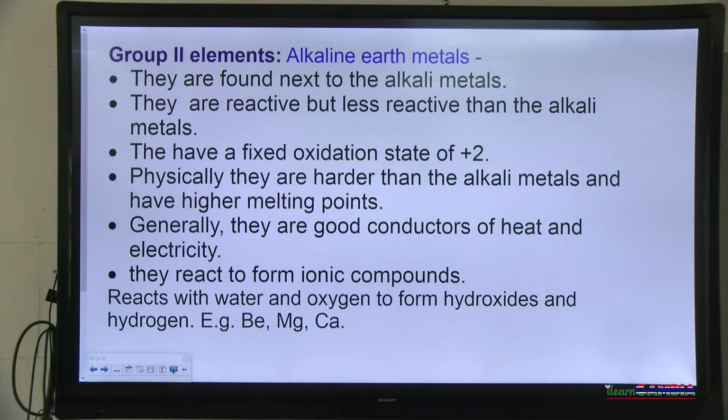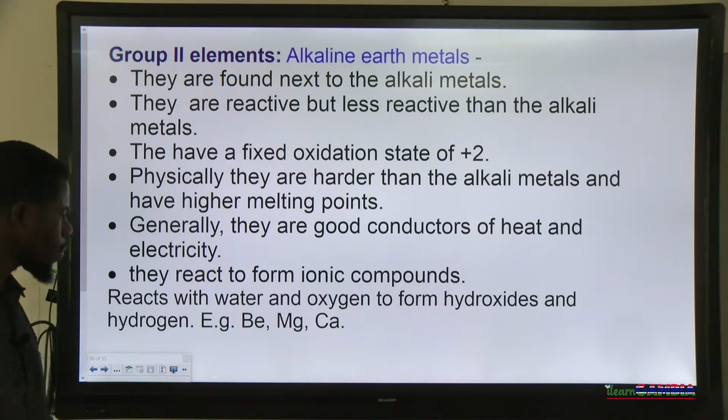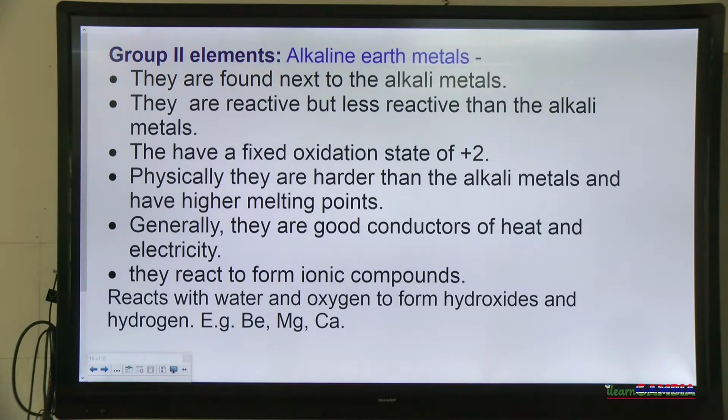Generally, they are good conductors of heat and electricity. They react to form ionic compounds, as I mentioned previously, and they react with water and oxygen to form hydroxides and hydrogen. So examples of group 2 elements are beryllium, magnesium, and calcium.